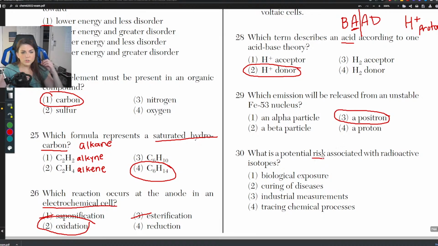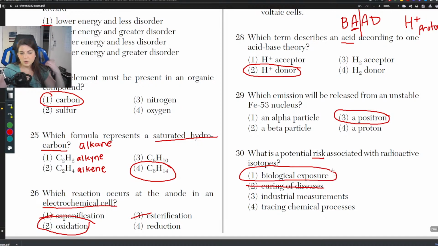Okay, number 30. What is the potential risk associated with radioactive isotopes? Risk is going to indicate that we're talking about a bad thing. Curing of diseases is definitely a good thing, so that's not going to make any sense. Tracing chemical processes, I would argue, is a good thing. Industrial measurements, I would argue, is a good thing. Something that's definitely a risk is biological exposure.